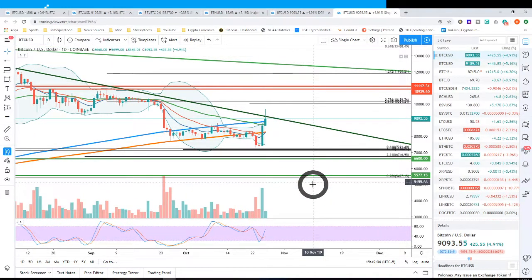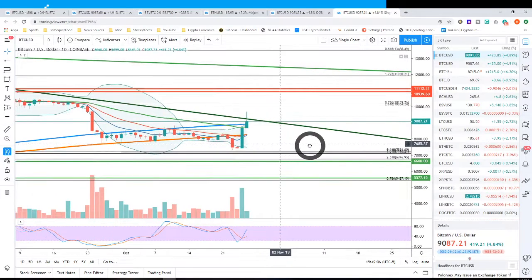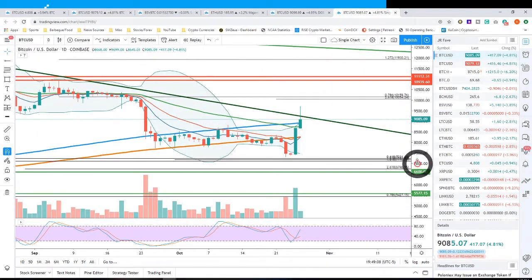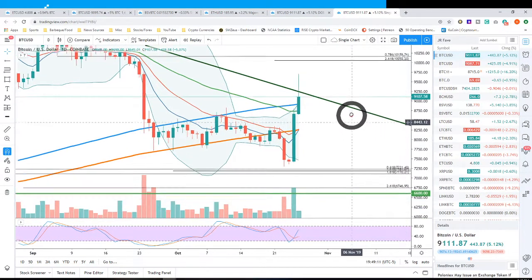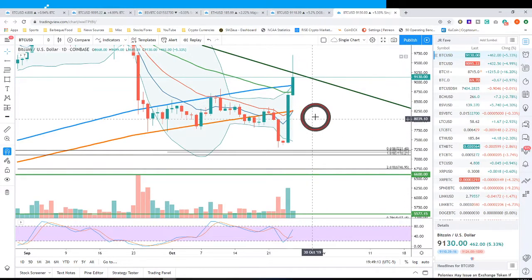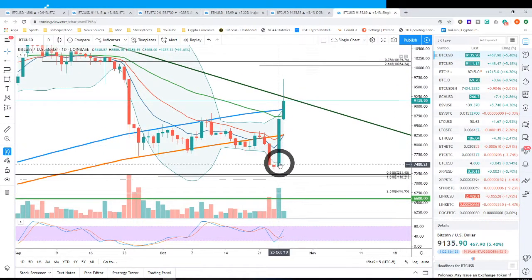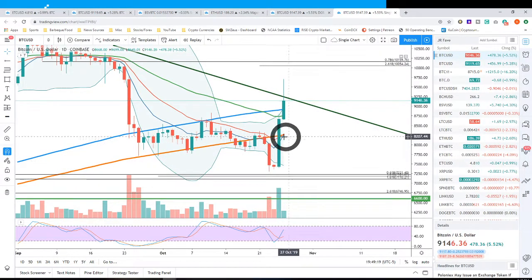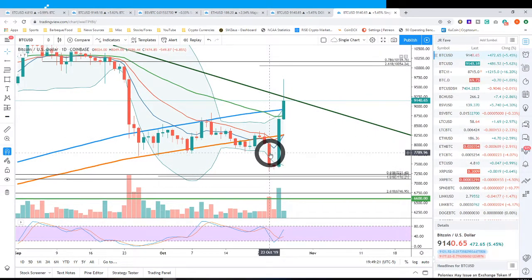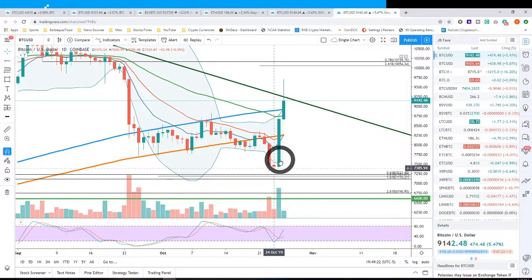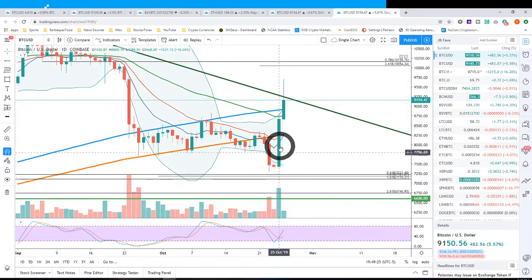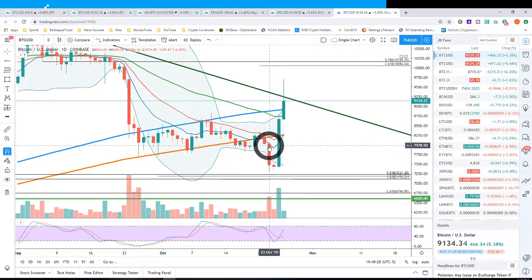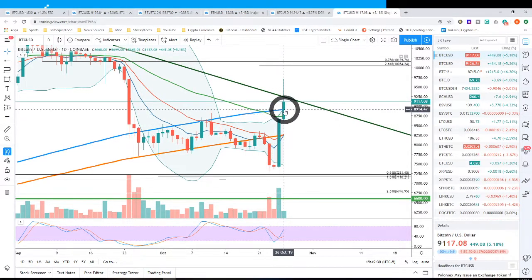And I'll tell you what, here's the other thing, guys, right? Okay, I'm just going to point this out. We wanted to see follow through, right? From this reversal candle, this pattern, red stick, doji, green stick, and when the green stick overtakes the red stick over here, you want to see follow through.